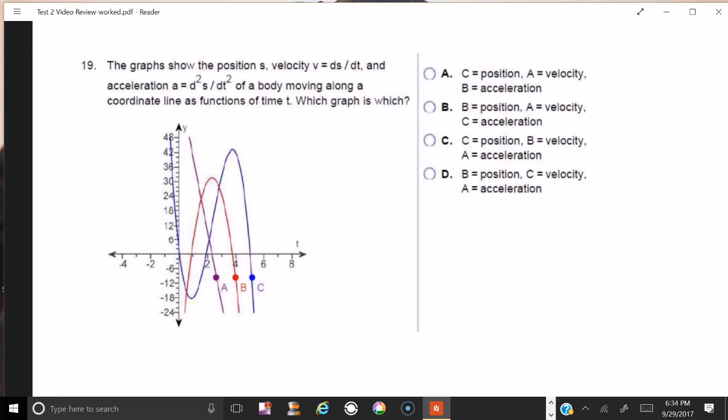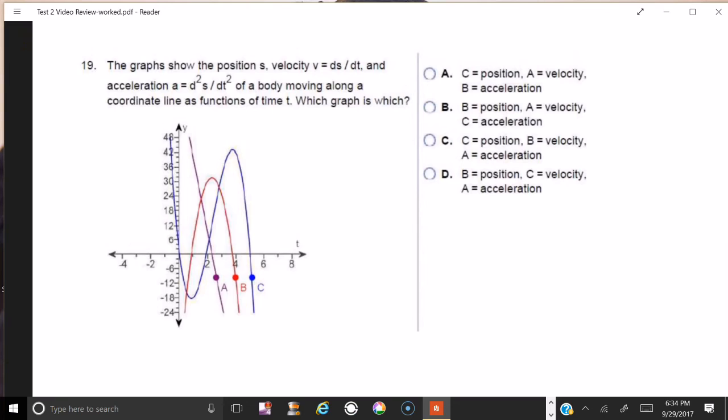And it's asking you, if this is a graph, which graph is which? Well, what you do know is the position will have another graph there that will be its derivative, which would be the velocity, and then the velocity's derivative should be there also. So let's take a look.